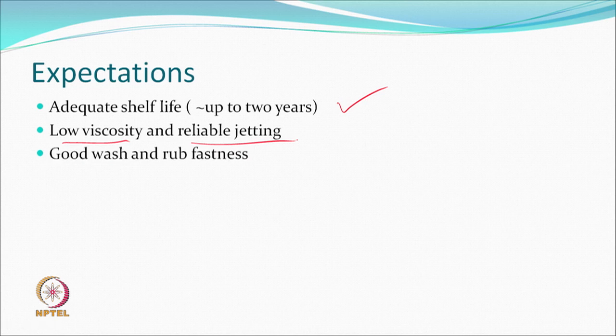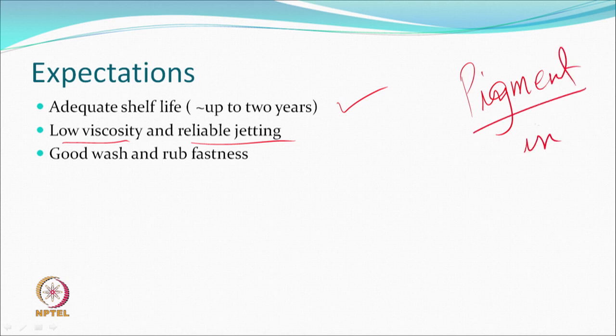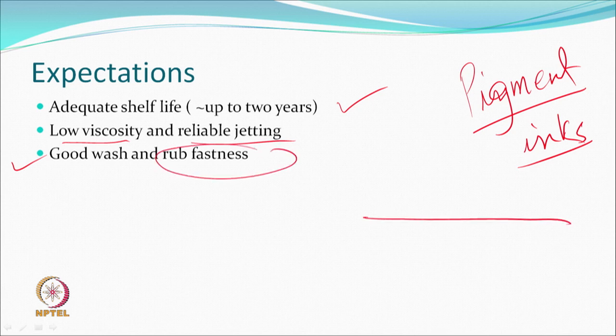Now, we are talking about, remember, pigment inks. Of course, we will wish for good wash and rub fastness. Rub has come in here because now you are looking at a textile substrate, you have some pigments, and then there is a film which is holding them.